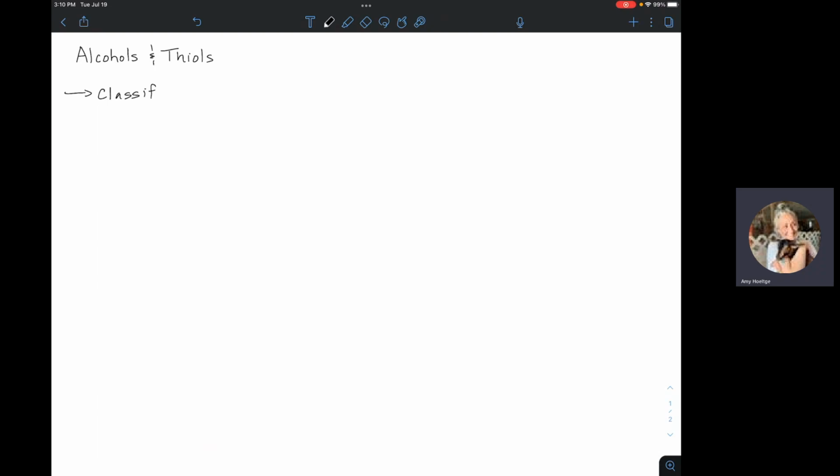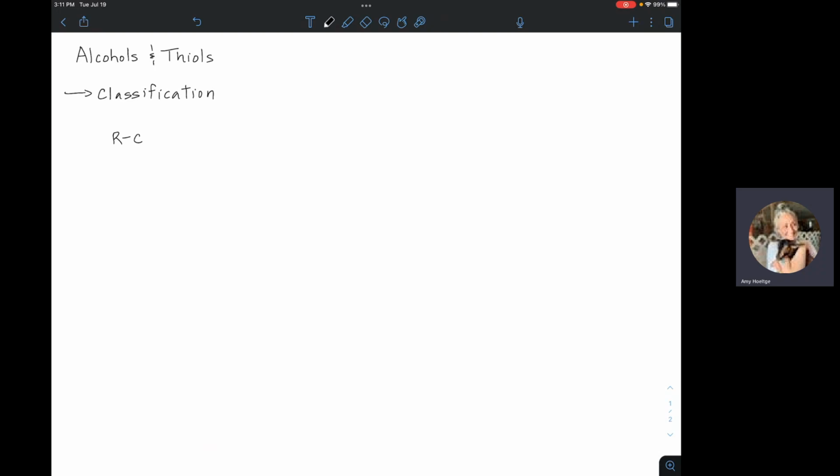Just like with a carbon, we have a classification system for alcohols. So you can have a primary alcohol. And remembering from when we learned our functional groups, an alcohol is simply just, say, R for rest of molecule.